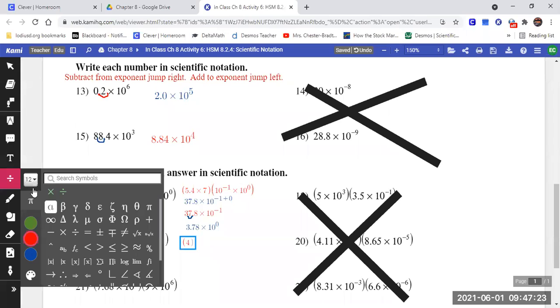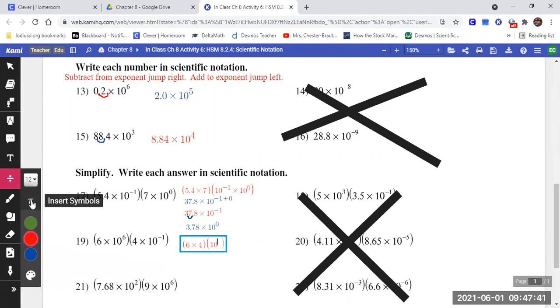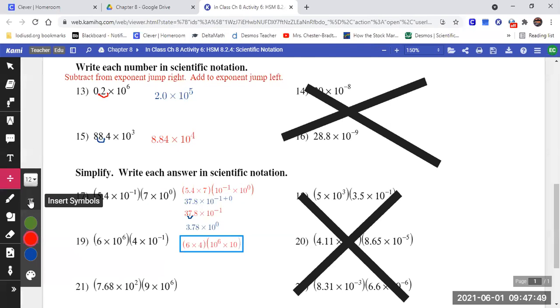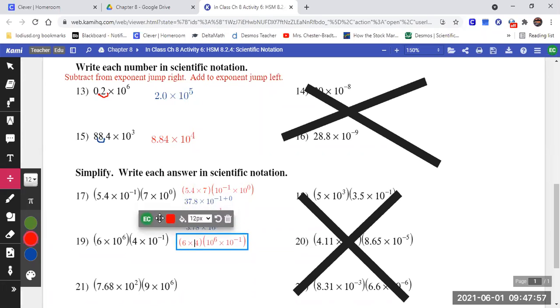This says 6 times 4, and then we have 10 to the 6 times 10 to the -1. Okay, step 1, multiply the numbers, add the exponents.